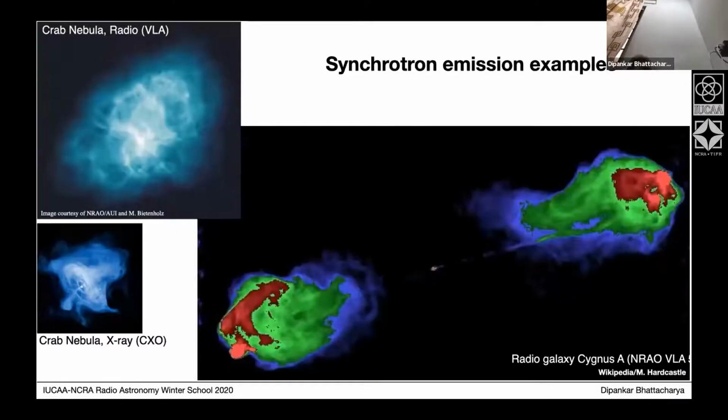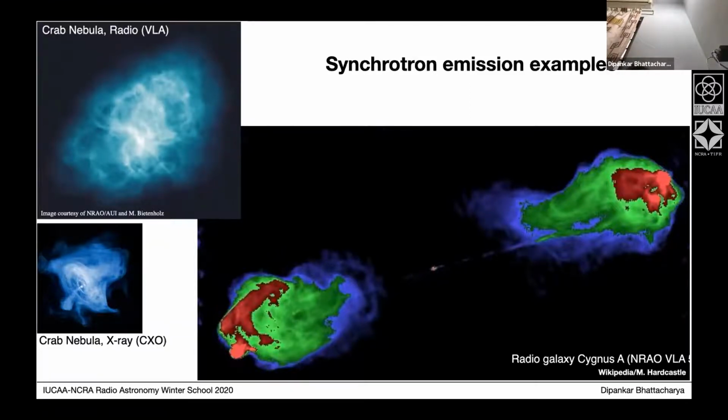So these are some examples of sources which produce powerful synchrotron emission. On the left, I have shown two pictures of the Crab Nebula, a radio picture above and an X-ray picture below, both of which are produced by synchrotron emission from relativistic particles in the nebula.